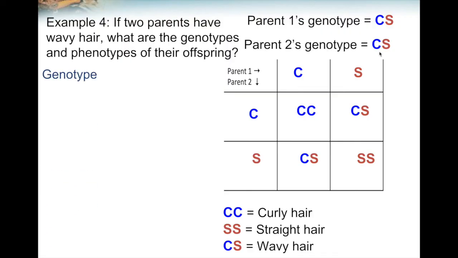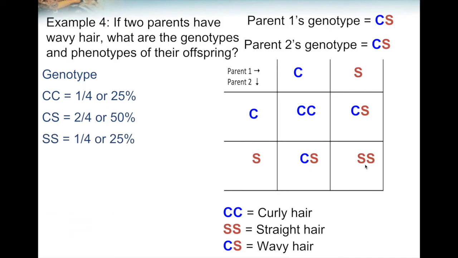So for the genotype, I see one box of CC, or homozygous, so it's 1 out of 4 or 25%. I see 2 boxes out of 4 that have heterozygous, or CS, and 1 out of 4 boxes which is homozygous for S, or 25%.